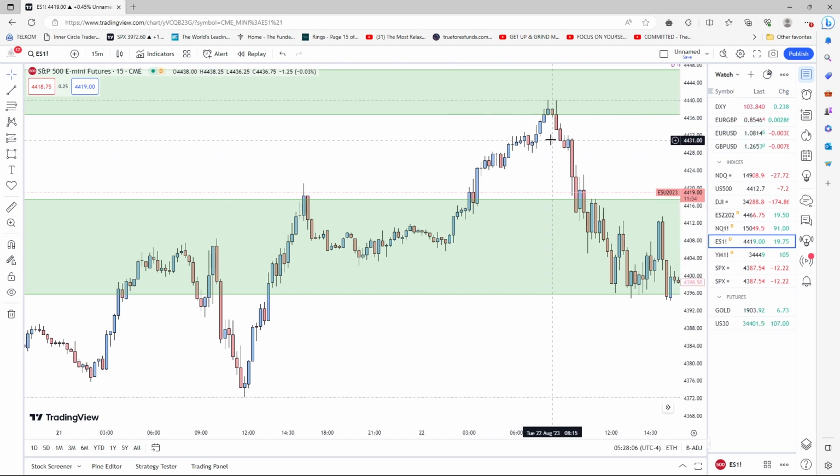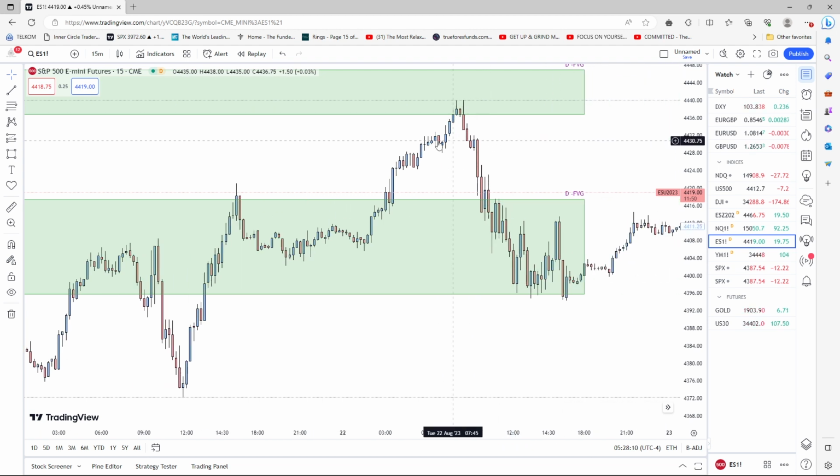So taking a look at it over here, we came up, we traded into the higher time frame fair value gap. Looking at this example, we can see that we came up to this area around about 8 o'clock, 8:30, and then started trading down lower.